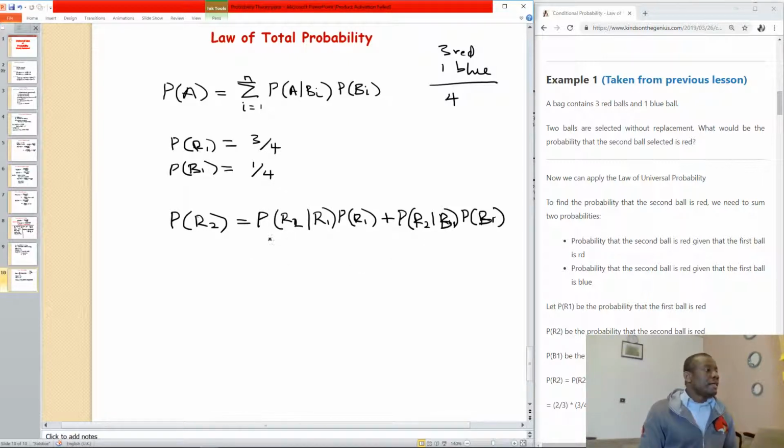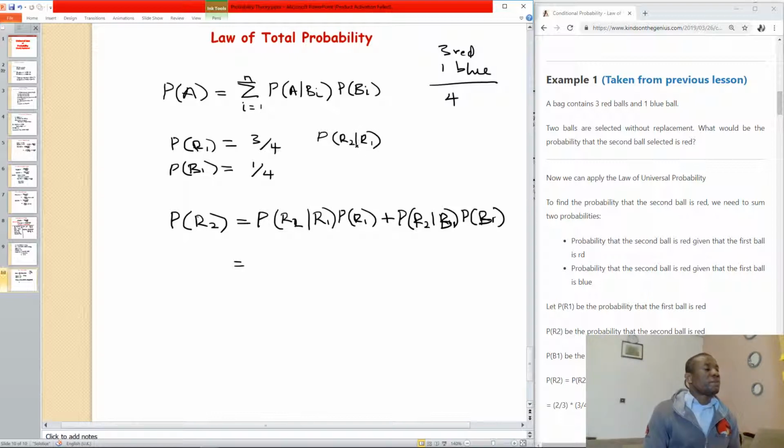So now the conditional probability that the second ball is red, given that the first ball is R1. Let's just write it, P(R2 given R1).